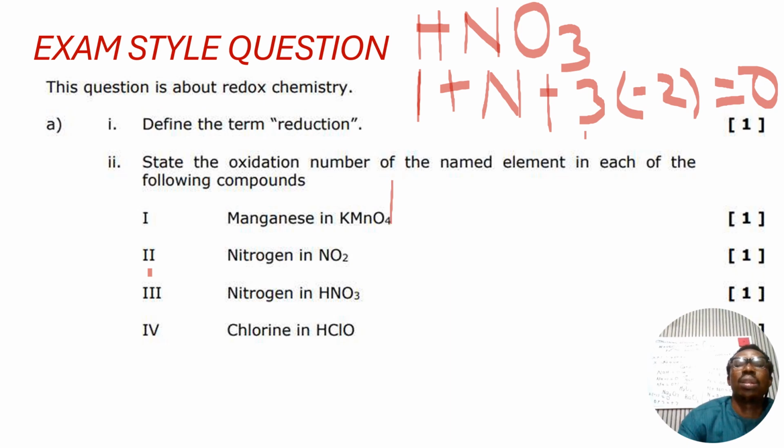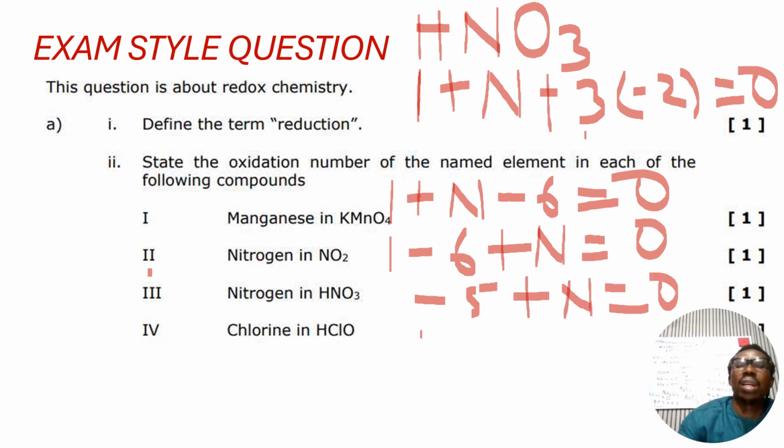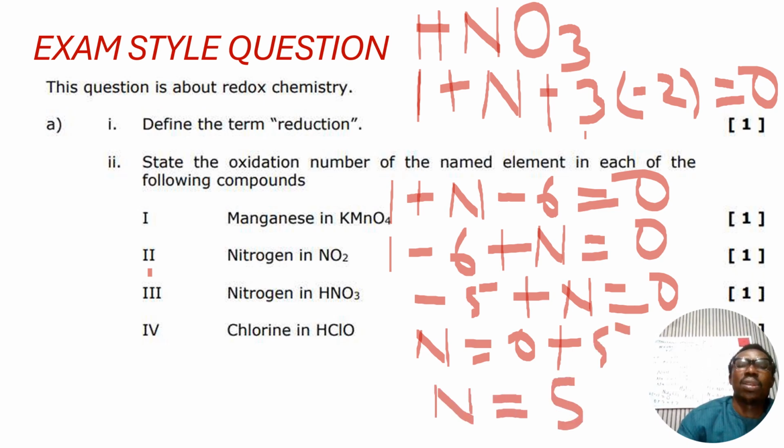It will be 1 plus nitrogen minus 6 equals 0. So 1 minus 6 plus nitrogen equals 0. Minus 5 plus nitrogen equals 0. Nitrogen will be 0 plus 5, so nitrogen is 5.